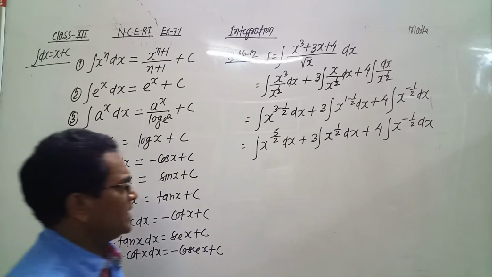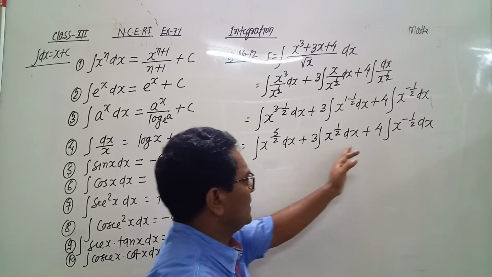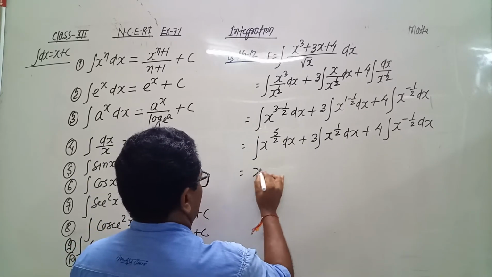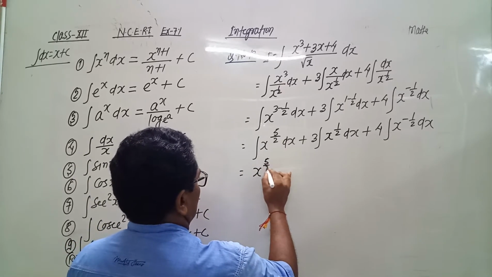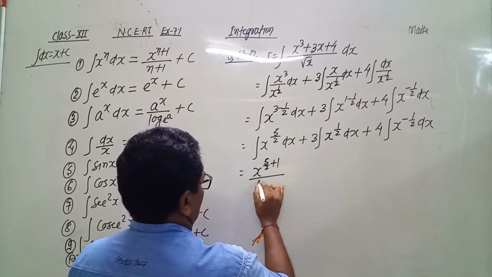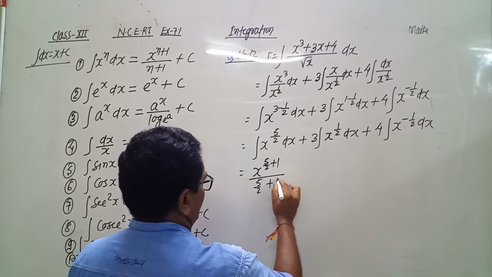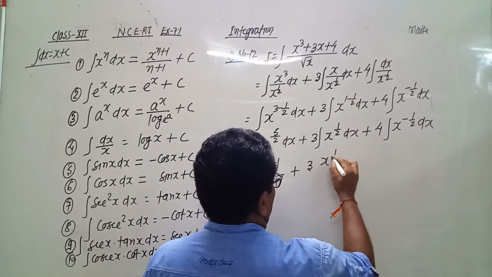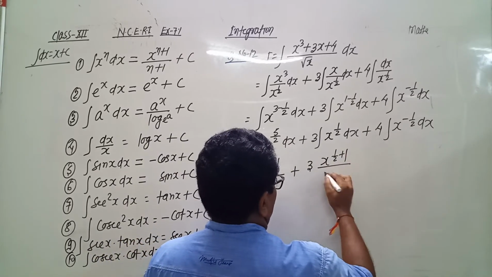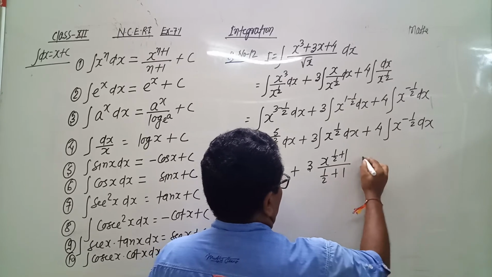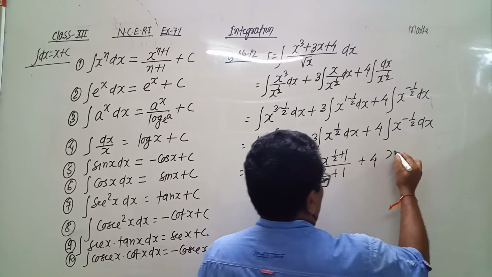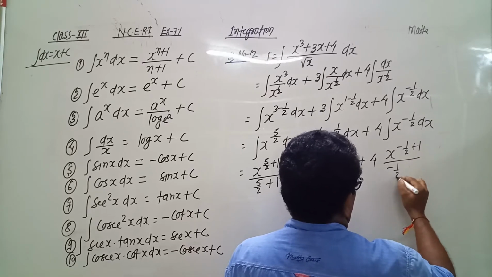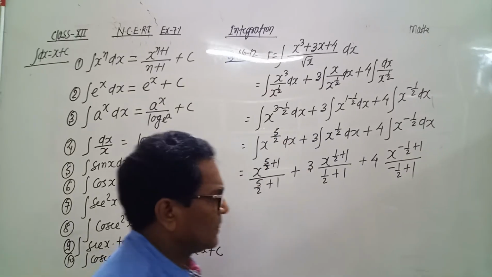Now we have to integrate, and all these will be integrated in the form x raised to the power n plus 1. So x raised to the power 5 by 2 plus 1 upon 5 by 2 plus 1, plus 3 x raised to the power 1 by 2 plus 1 upon 1 by 2 plus 1, plus 4 into x raised to the power minus 1 by 2 plus 1 upon minus 1 by 2 plus 1.